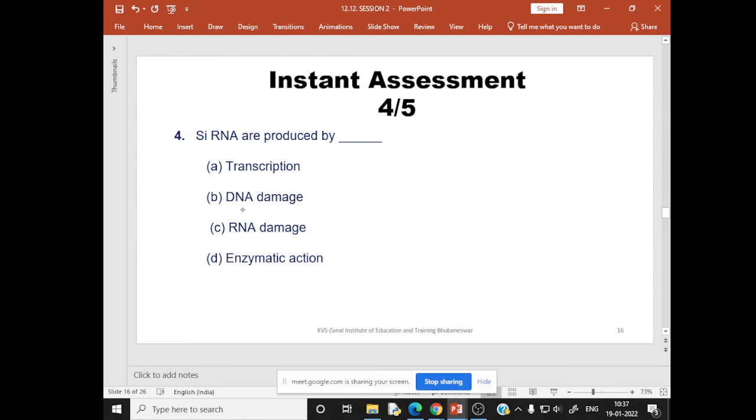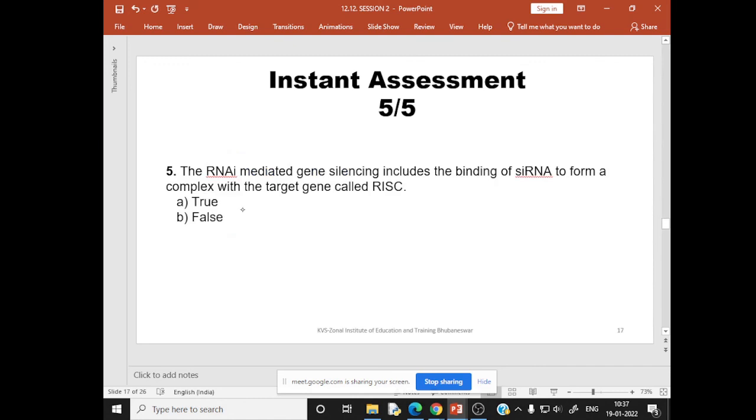siRNA are produced by transcription, DNA damage, RNA damage, or enzymatic reaction. So RNA formation takes place with the help of transcription. The RNA-mediated gene silencing includes binding of siRNA to form a complex with the target gene called RISC.